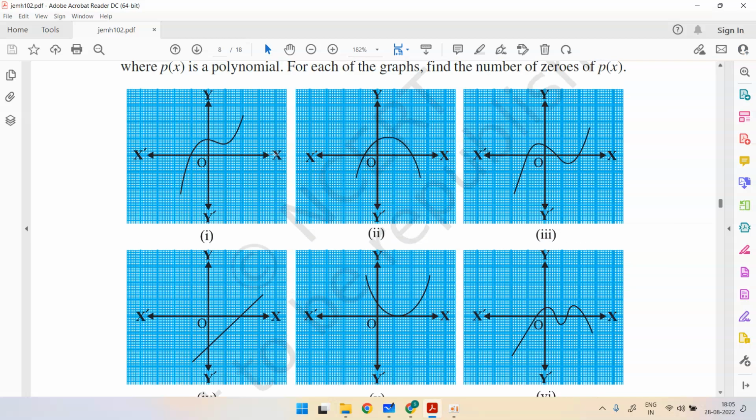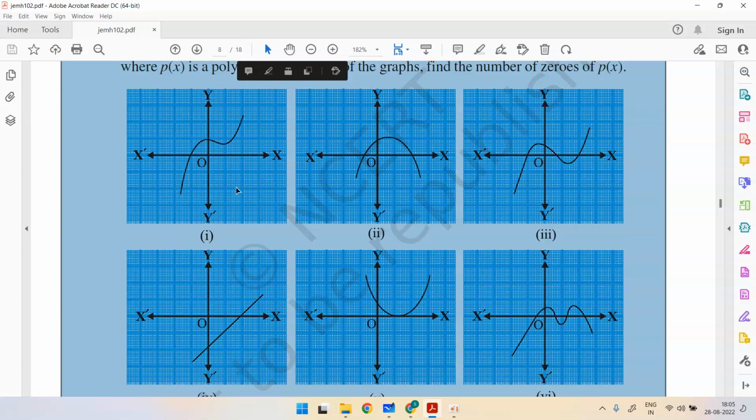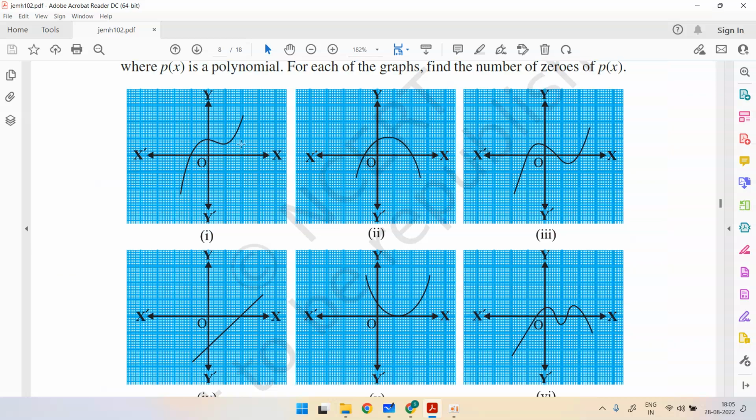See, this intersects the x-axis at only one point, so the number of zeros is 1. This intersects the x-axis at 2 points, so the number of zeros of p of x is 2. This intersects the x-axis at 3 points, 1, 2 and 3, so it is 3. This intersects the x-axis at only 1 point, so the number of zeros is 1.